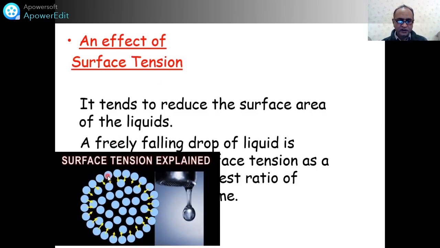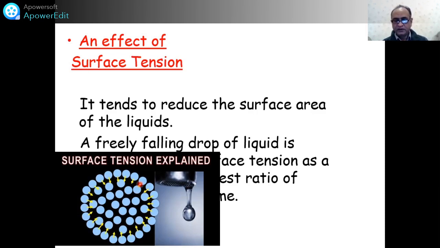You can see over here, all of these surface molecules experience inward pull. That is why the falling drop of water will attain a spherical shape. Okay, all the surface molecules are being attracted inside. That is why a falling drop of a liquid is spherical in shape.